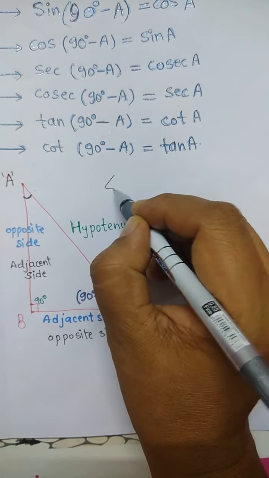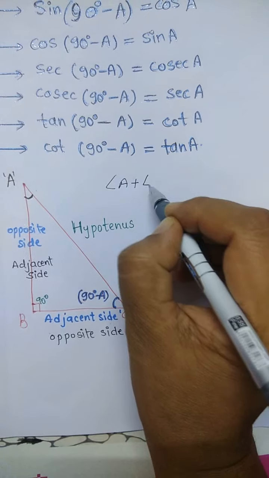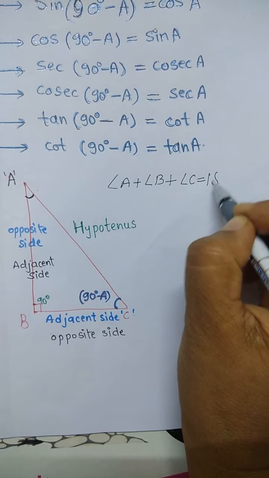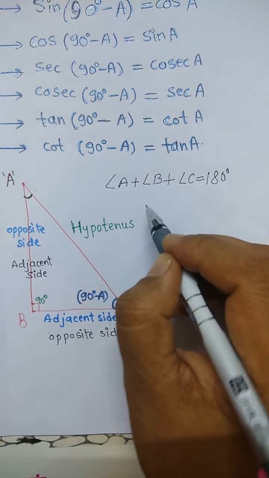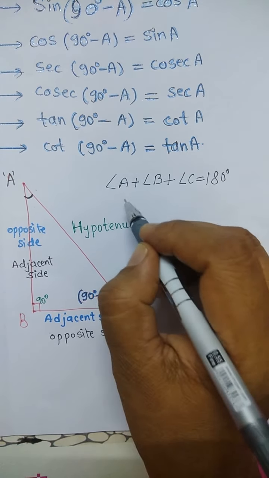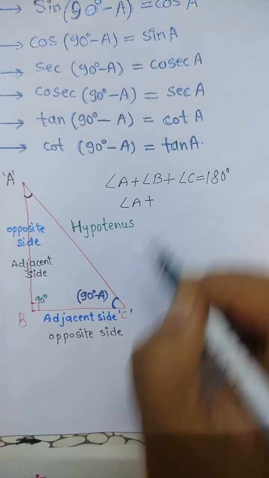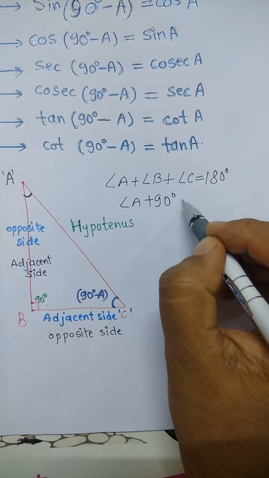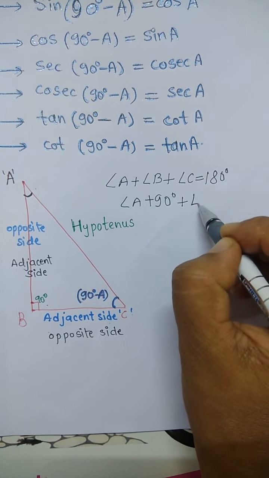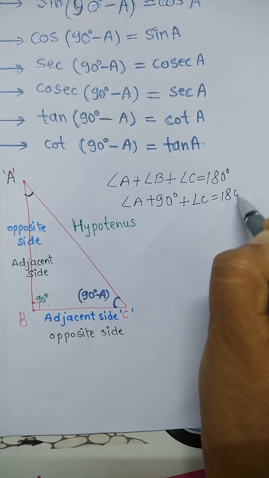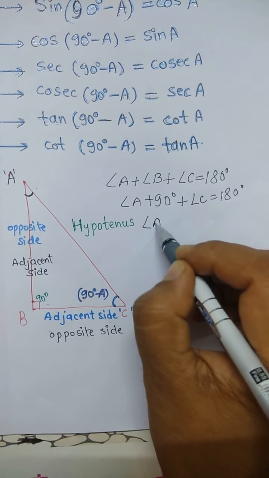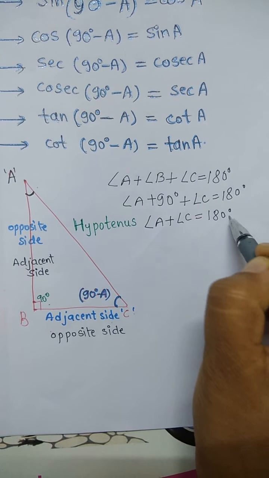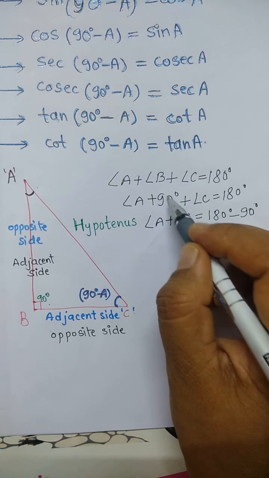According to the angle sum property, angle A plus angle B plus angle C equals 180 degrees. Now angle B is 90 degrees, so 90 degrees plus angle A plus angle C equals 180 degrees. So angle A plus angle C equals 180 degrees minus 90 degrees.